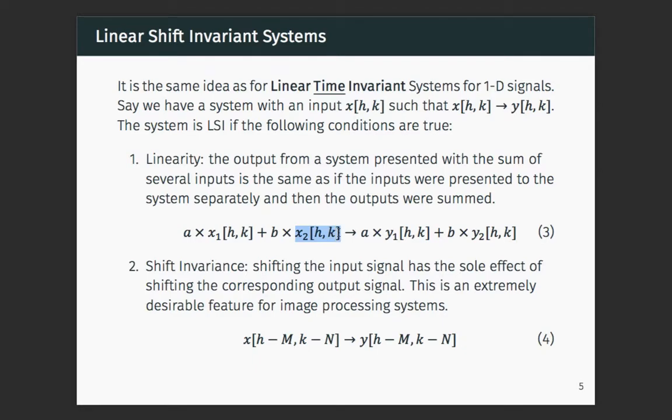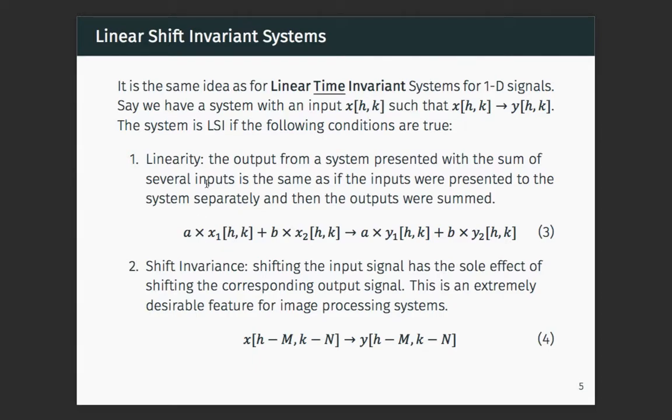And if you take a linear combination of these two pictures, which basically means you blend the two pictures together, so you see a bit of both on the same picture, then the output of your system should be as well a blend of the outputs of the two pictures taken separately. All right, so that's kind of the definition you had for linear time invariant, but extended to pictures, and there's not much else to say about that.